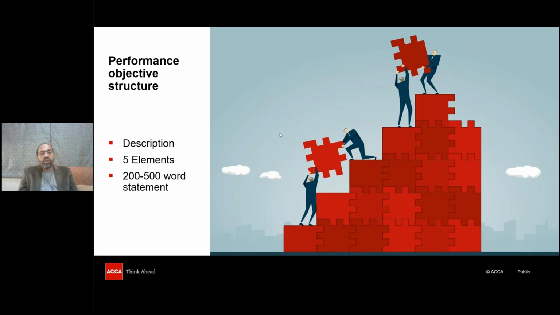If it is part-time in a relevant role, then it will be 50% or less or more, but not 100%. Or if it is full-time in a non-relevant role, then again it will not be 100%, it will be less than that. And we leave it to your judgment to decide what percentage it is, and your practical experience supervisor to sign that off. So that's how it is done.